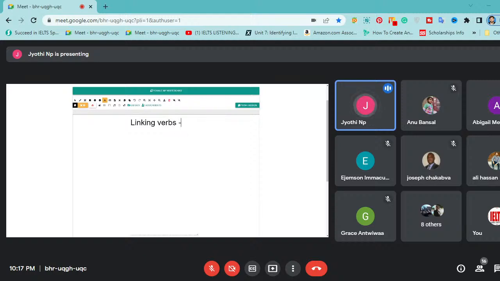Linking verbs are also called helping verbs. Based on the tenses or based on what we need to use, we have classified the linking verbs into three categories: to be, to do, and to have.